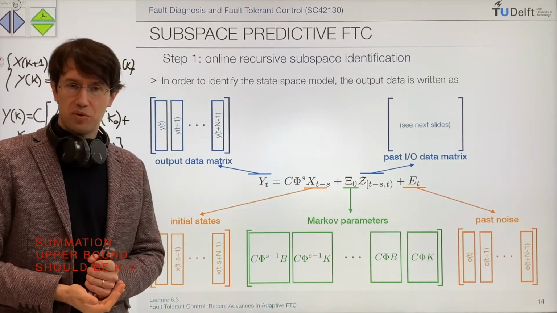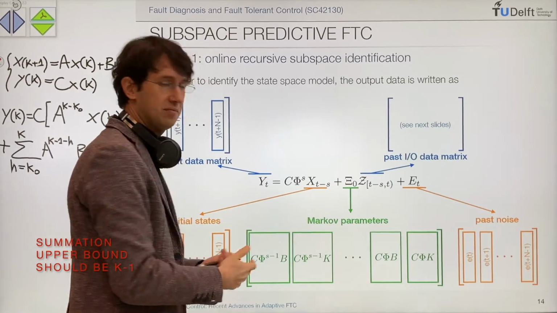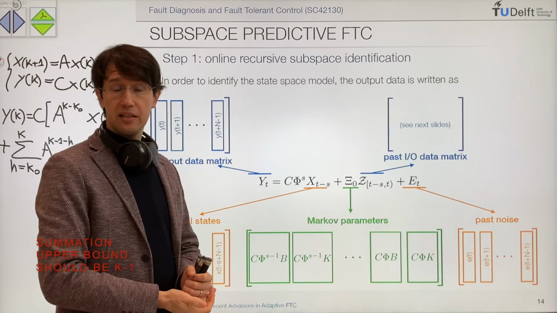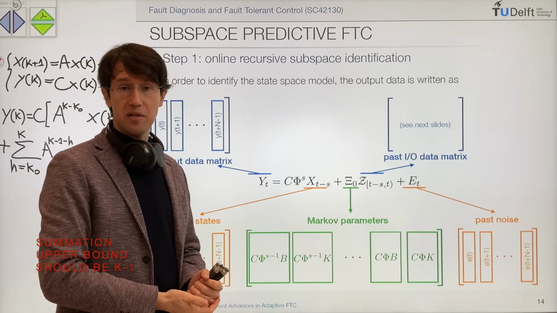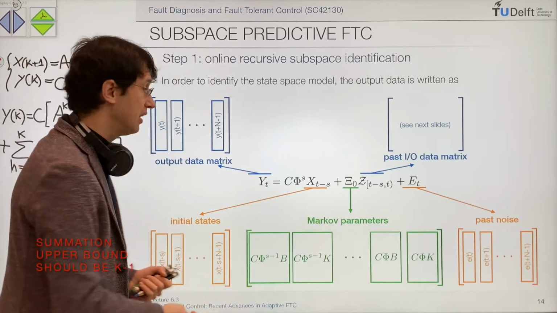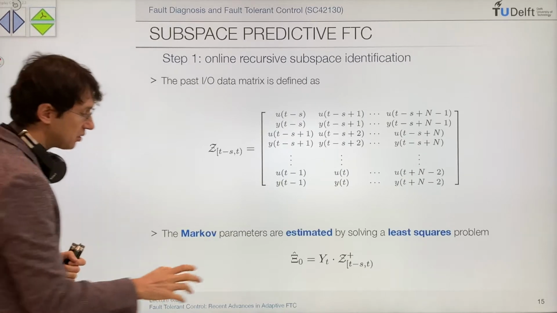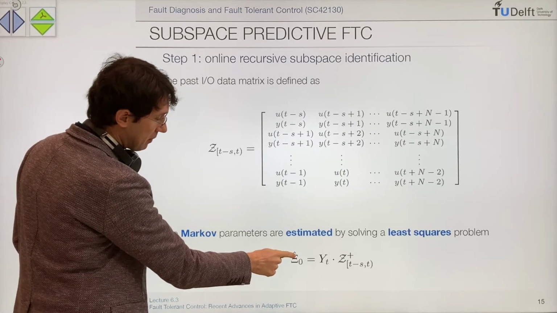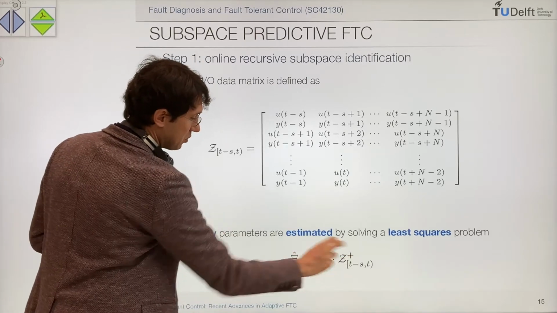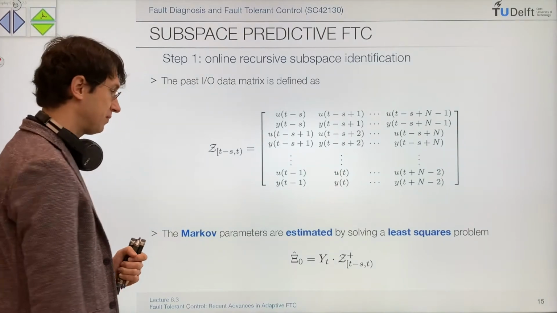Such a kind of problem, estimating these from a noisy equation, is something that you can solve efficiently using a method that you know very well, the least squares method. So indeed, a solution to estimating the Markov parameters matrix is to compute this least squares solution.